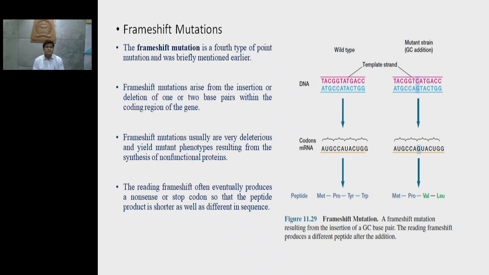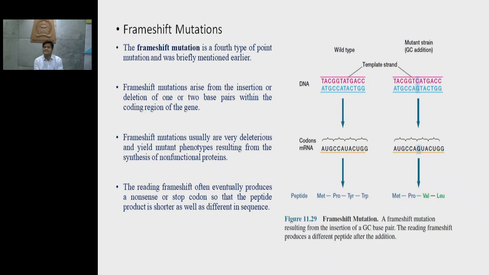The reading frame shift often eventually produces a nonsense or stop codon, so that the peptide product is short as well as different in sequence. You can see here the wild type and mutant strain. This can change the coding pattern, so codons may change here in the peptide. Instead of tyrosine and tryptophan, valine and leucine are inserted here.